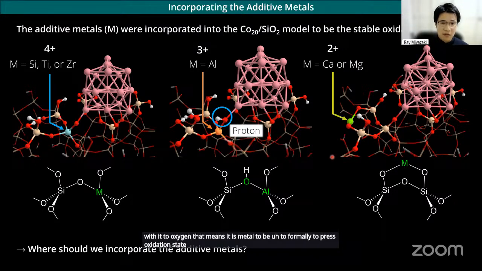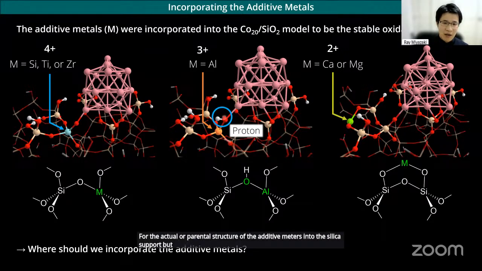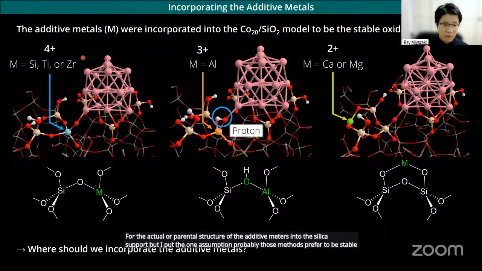Of course, there are many possibilities for the actual or operando structure of the additive metals in the silica support, but I made one assumption: those metals probably prefer to be in a stable oxidation state themselves.